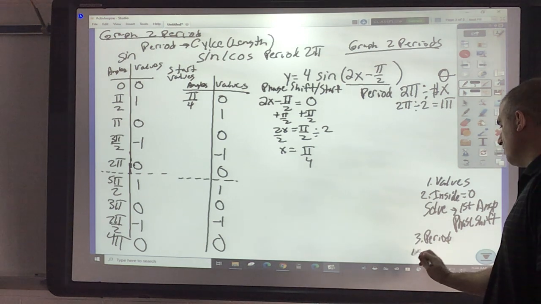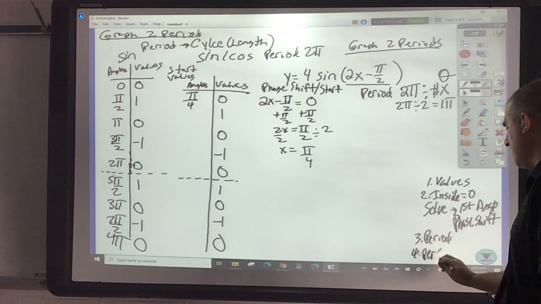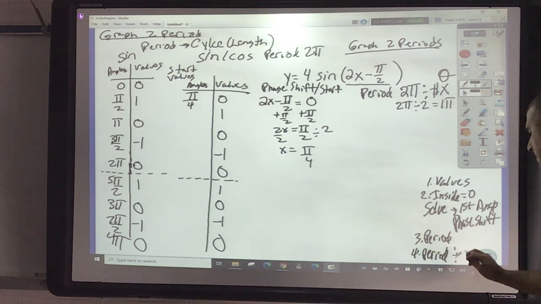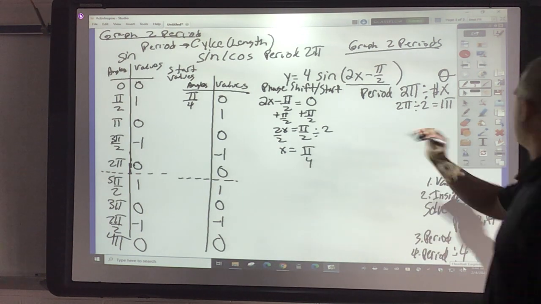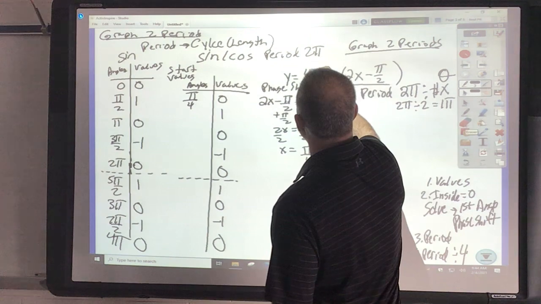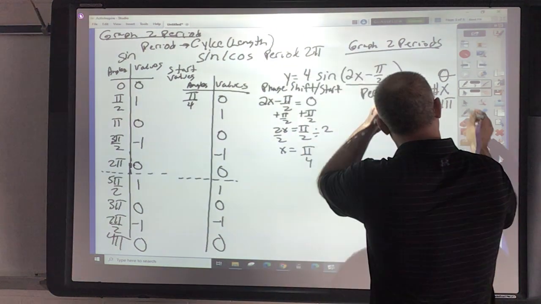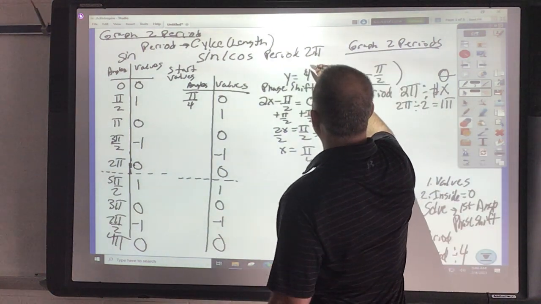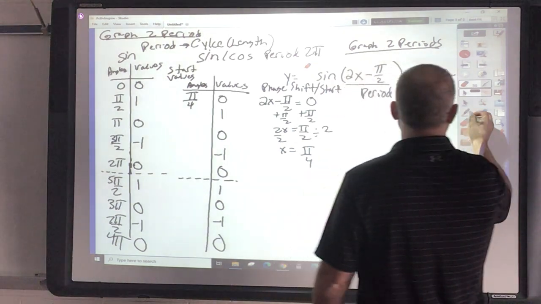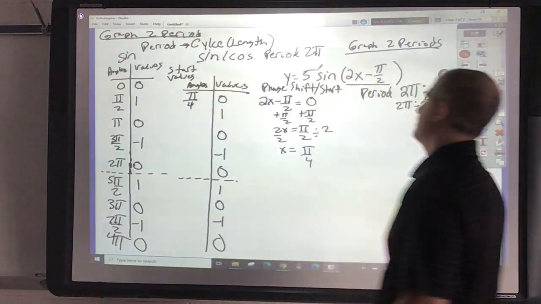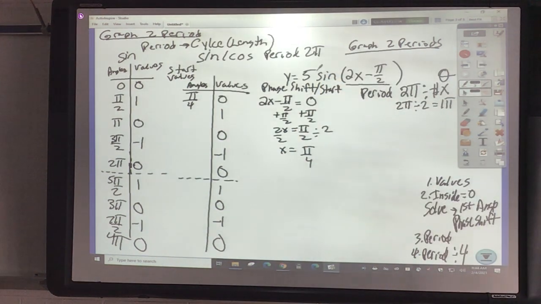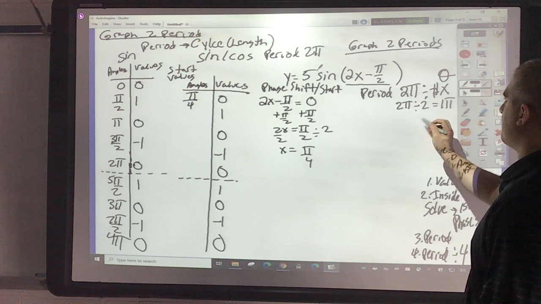Then what you want to do is take the period and divide it by 4. This is every single time. Actually, I'll change this and make it a 5 so we're not confused. I would take my period and divide it by 4.